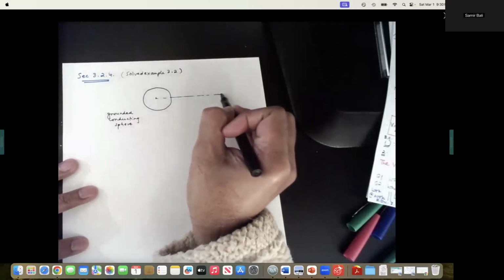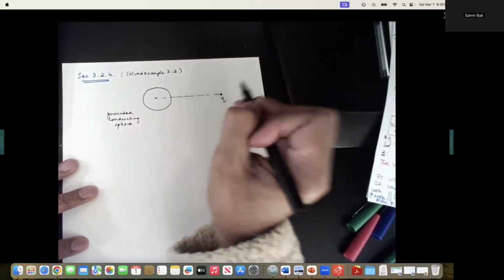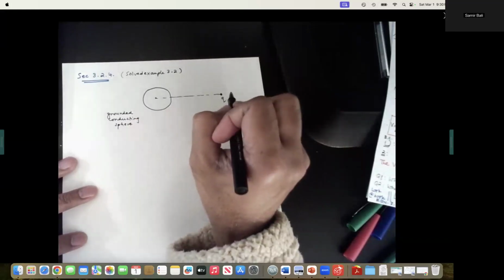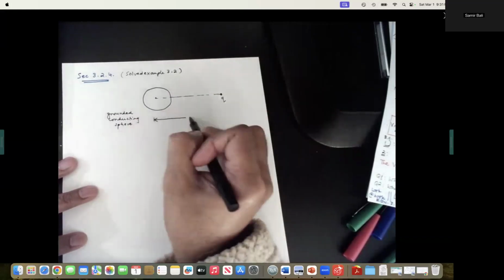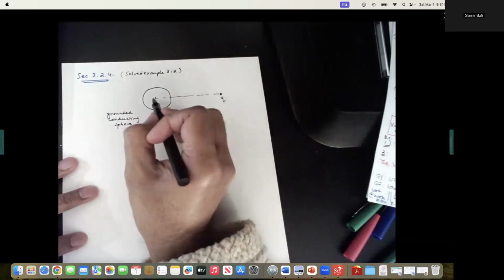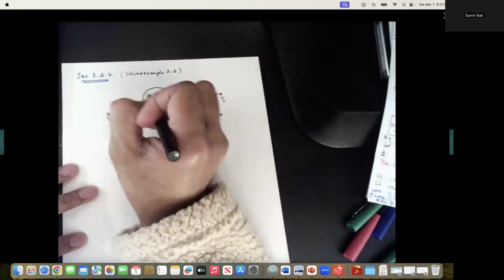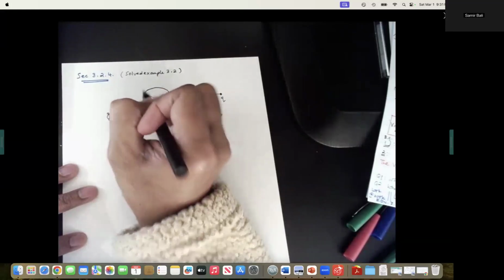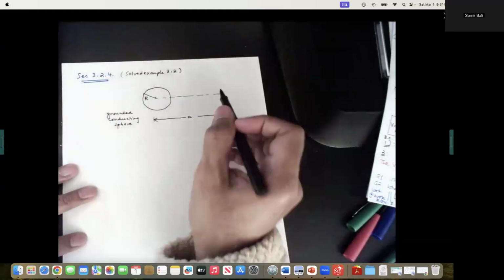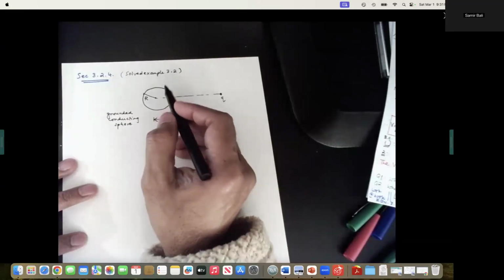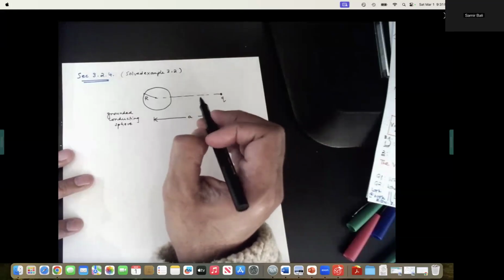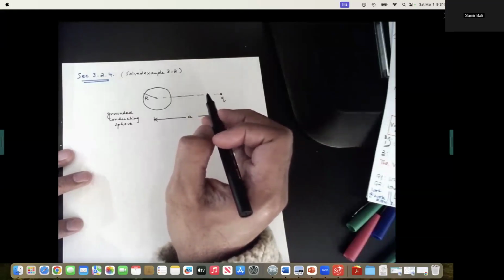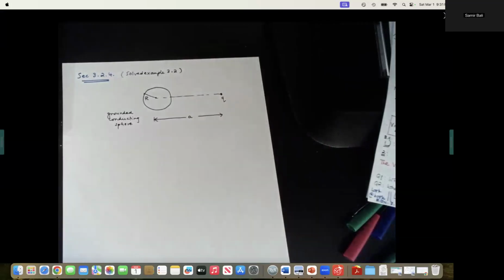And there is a charge q, positive q, located a distance a from the center, and this sphere has radius r. So the q is obviously going to, again, induce a negative charge on this conducting sphere, right?